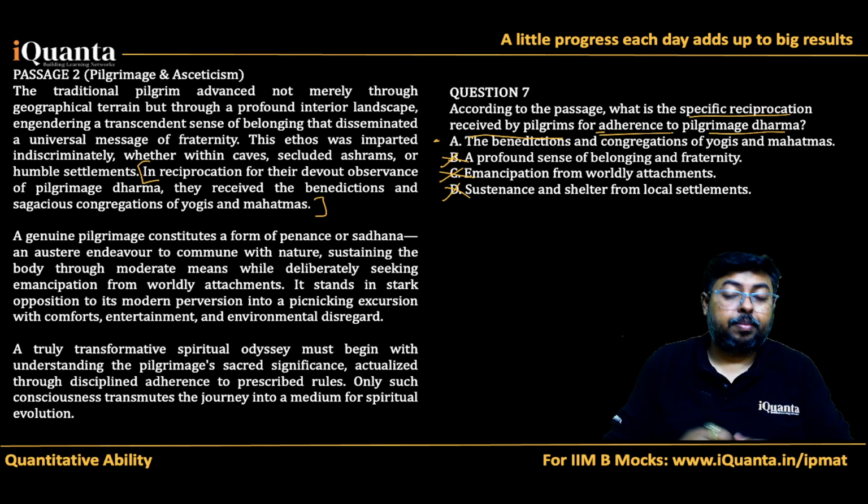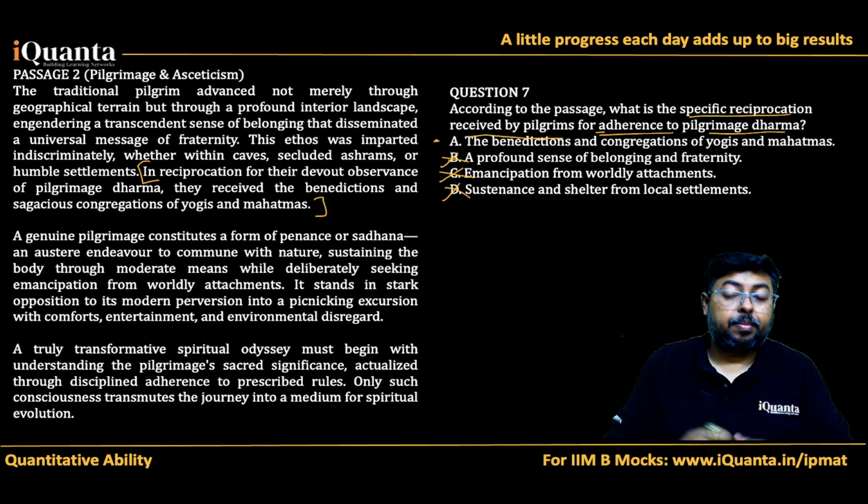Good. Let's go across with question number 8. What would the authors say about a modern pilgrim who publicizes their spiritual achievements? Listen to this very important question. So he's publicly showing his achievements. A: misunderstood the ascetic principle of freedom from attachment.